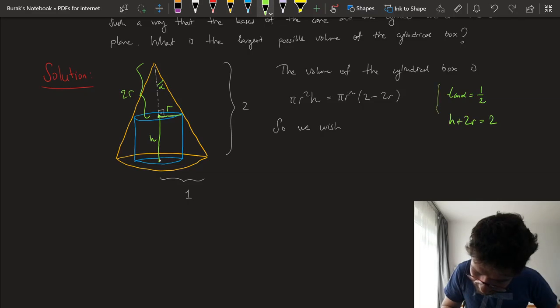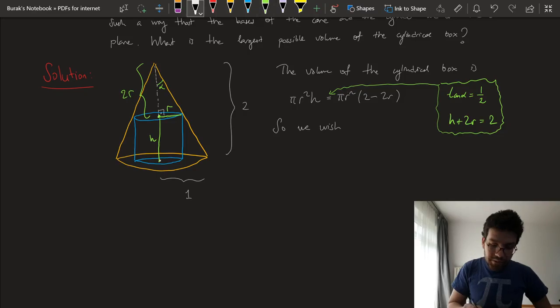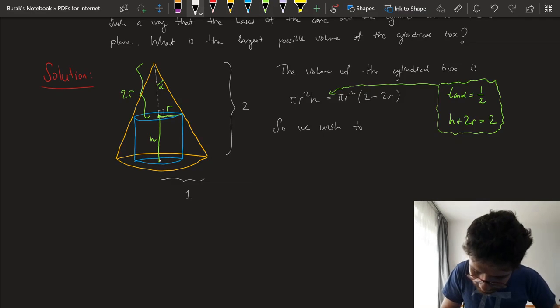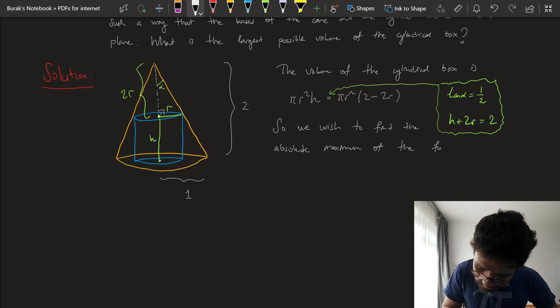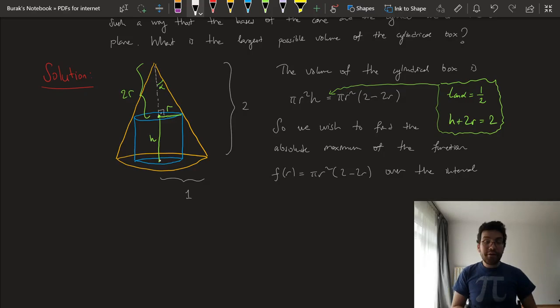So we wish to find the absolute maximum of the function f of r equals pi r squared times (2 minus 2r) over the interval. Now I found the function that I want to optimize. Now I need the interval.